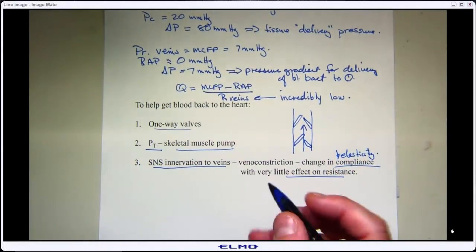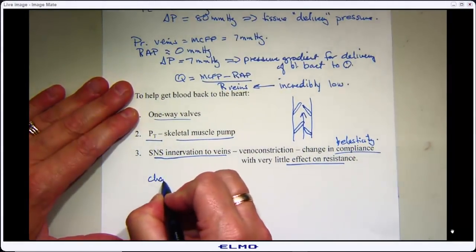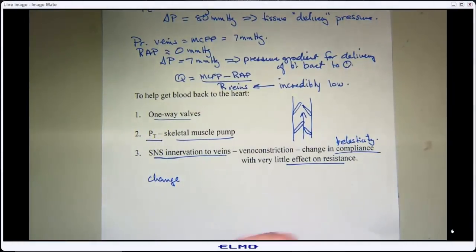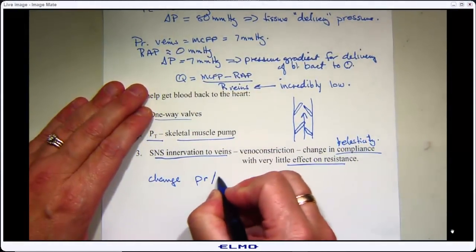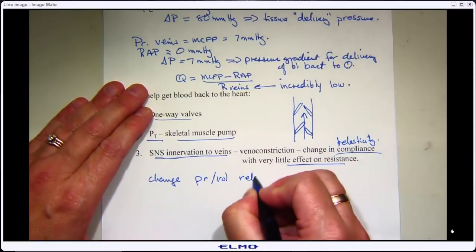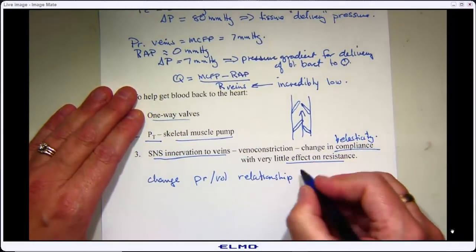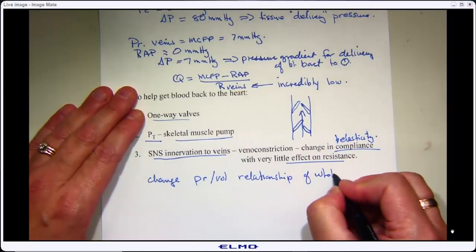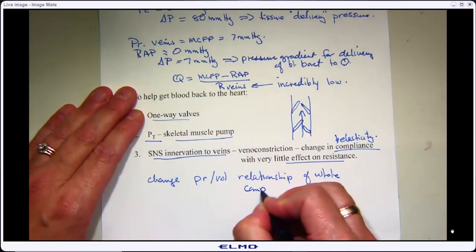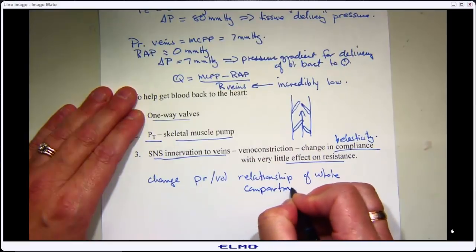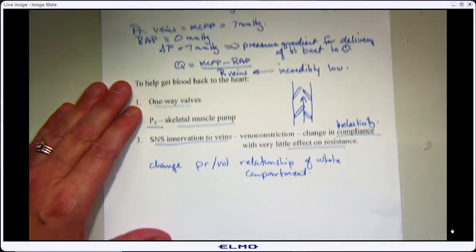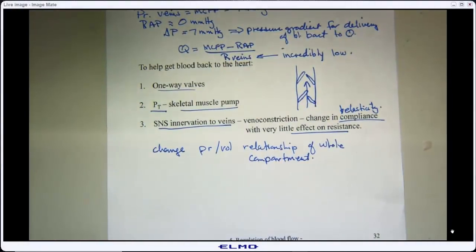So essentially what that does is change the pressure-volume relationship of the entire compartment. So we're not just going to do some sort of spot control like we did with arterioles.